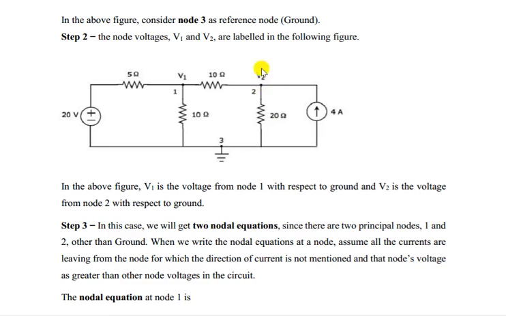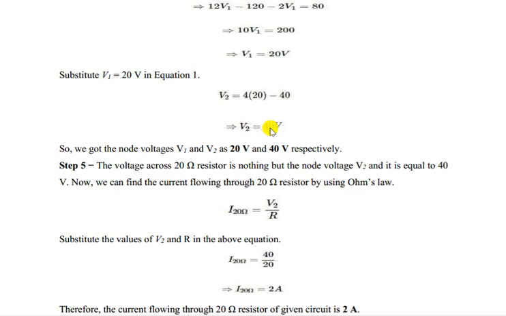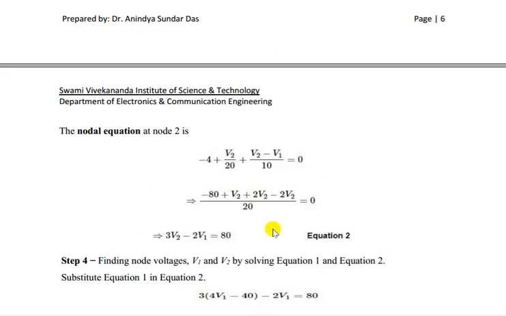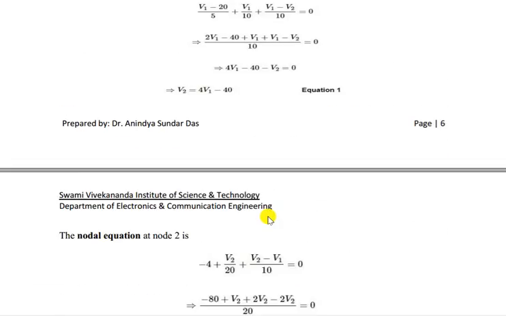If we know the voltage V2, just apply Ohm's law: V2 minus 0 divided by 20 ohm. V2 value is 40, so 40 by 20 ohm, that is 2 ampere. So the current flowing through this 20 ohm resistor is 2 ampere.